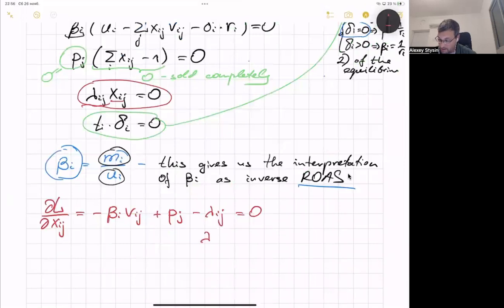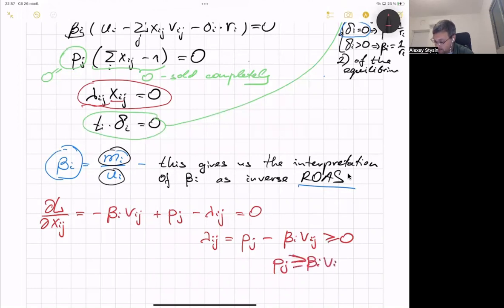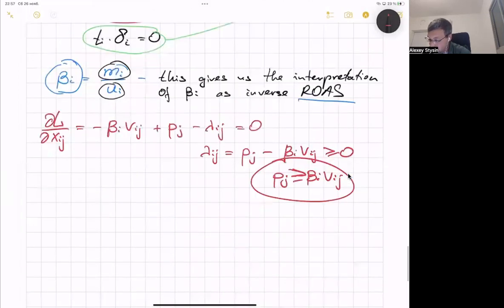So first of all, we can see that lambda ij equals pj minus beta i vij. This is larger than 0. So we get that pj is actually greater than beta i vij. So remember this one. This is the first price auction condition.